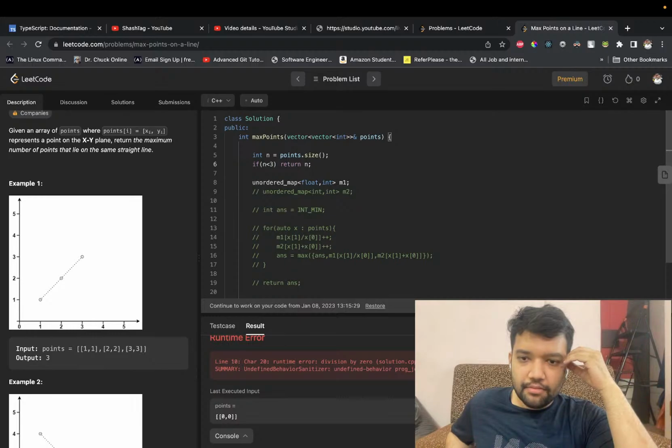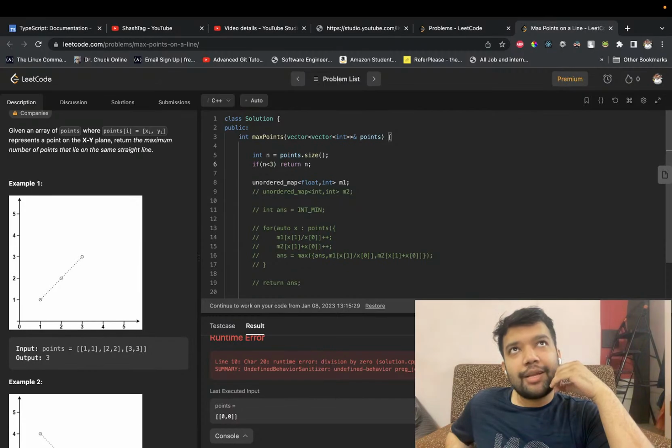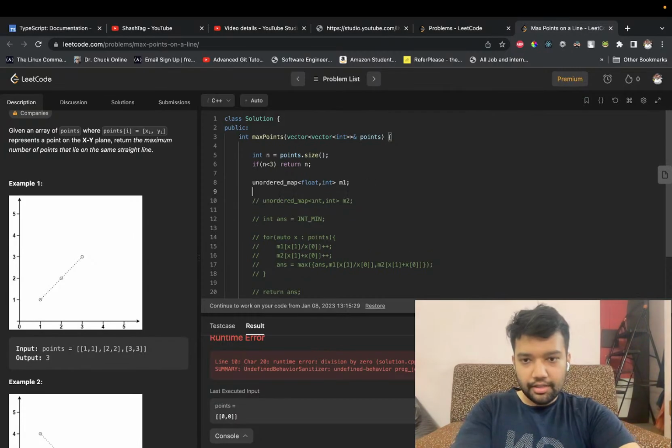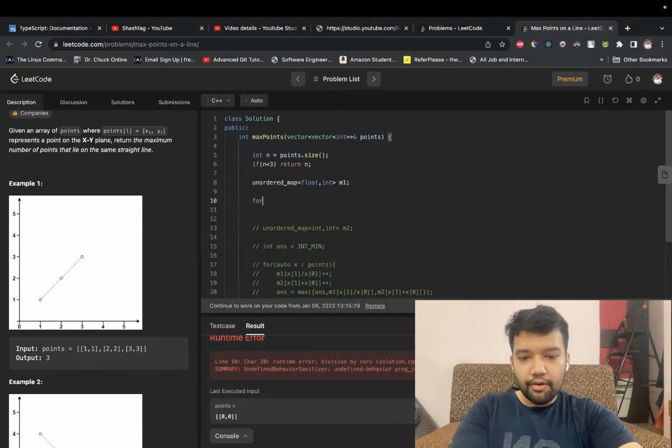And now what can we do? Okay, so now the plan is that I'll go for every point. Let's just run a for loop. For int i equals 0, i smaller than n, i plus plus.